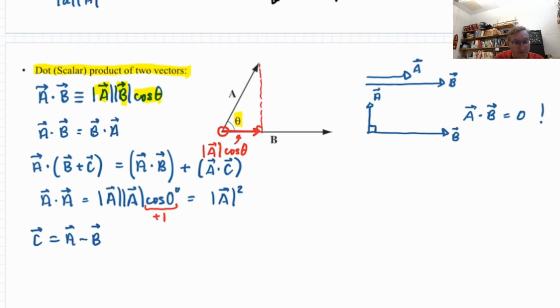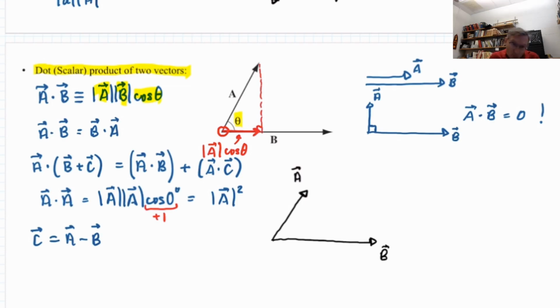Or A plus negative B. What would that look like for these vectors? Well, let me see if I can draw them. I'll draw them over here to the side. There's the A. That's my way of drawing the arrow for A. There's the B. And C is A plus negative B.